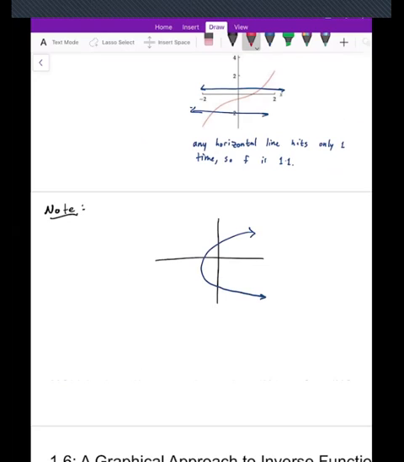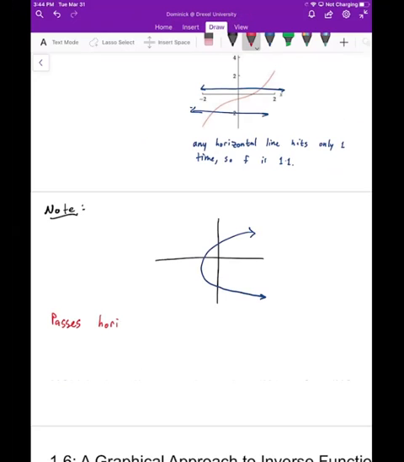Now this passes the horizontal line test. But of course, what does it fail? It fails the vertical line test. So it's not even a function.